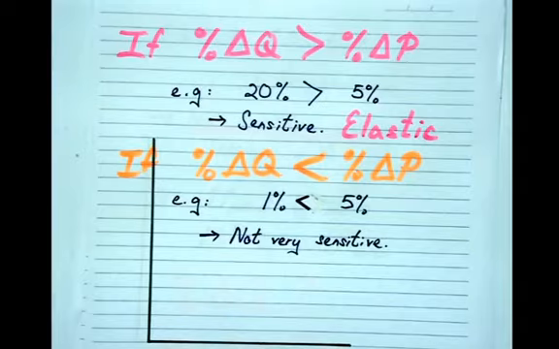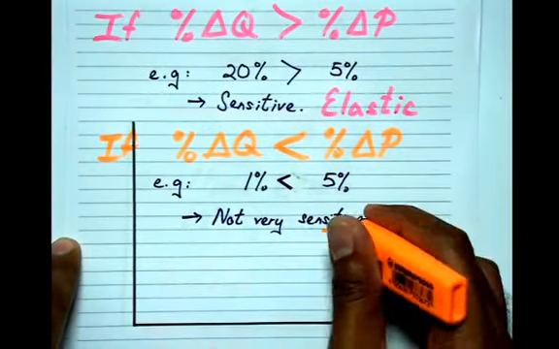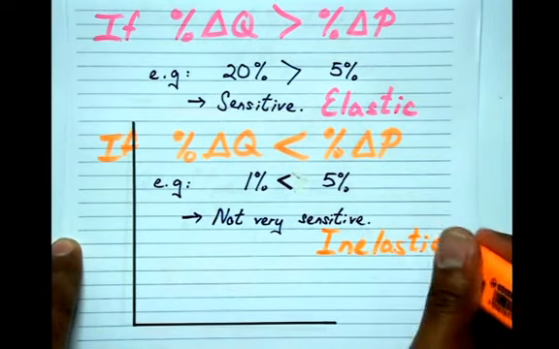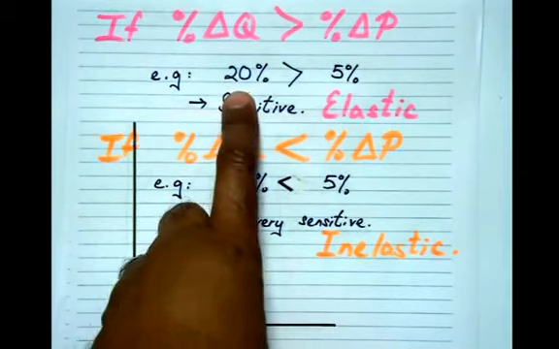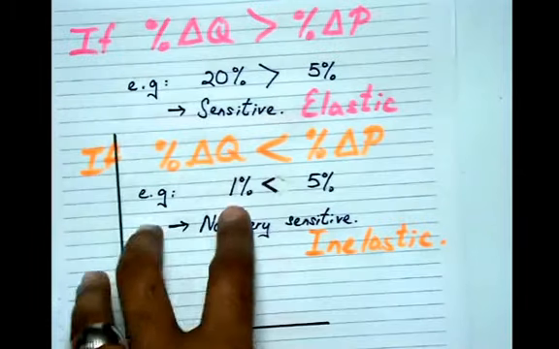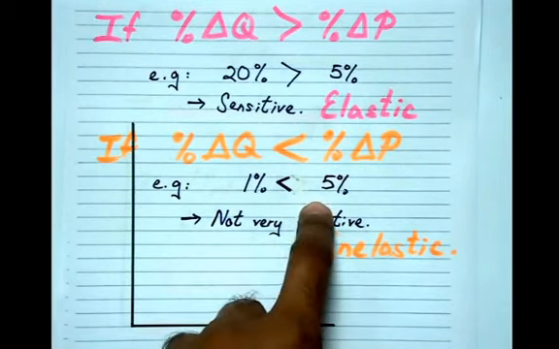And instead of not very sensitive, we use the term inelastic if it is not very sensitive to the price. So if the percentage change in quantity is bigger, it's quite responsive. If the percentage change in quantity is smaller, it's not very responsive to the change in price.